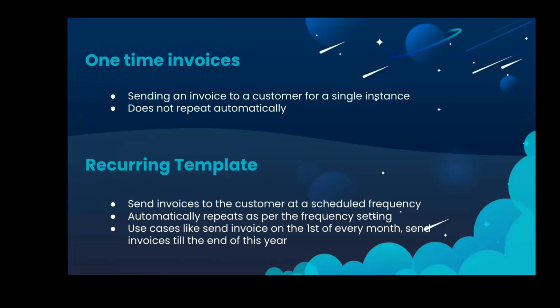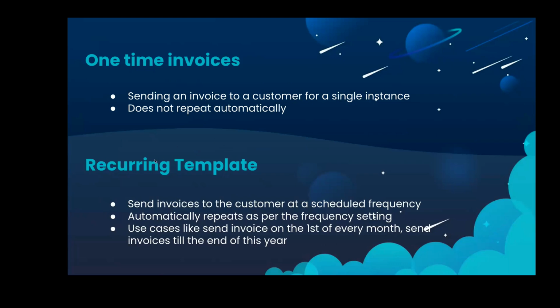Now we can cover the basic difference between what we mean by a one-time invoice and what we mean by a recurring template. In the case of a one-time invoice, you are sending the invoice to the customer only for a single instance and it does not repeat automatically. So you are sending it today, it does not repeat, and you are just done with a one-time payment.